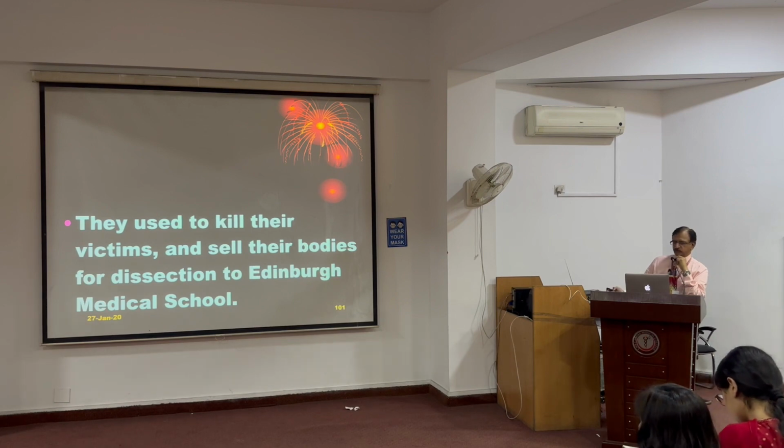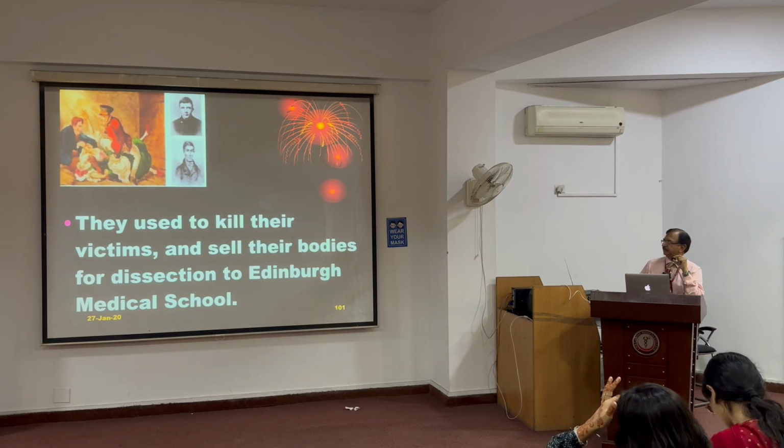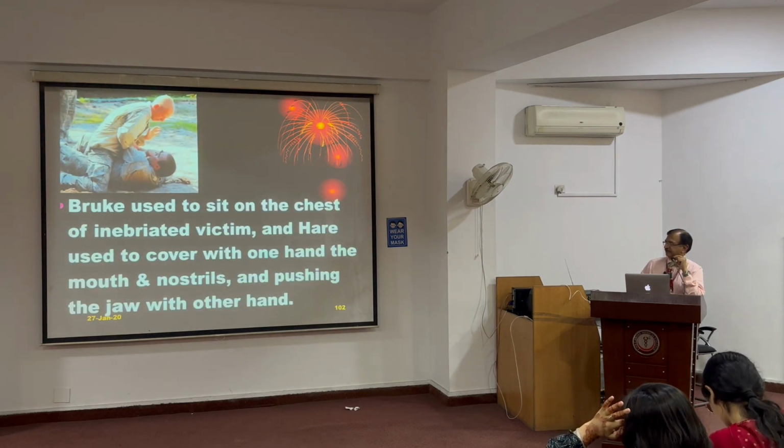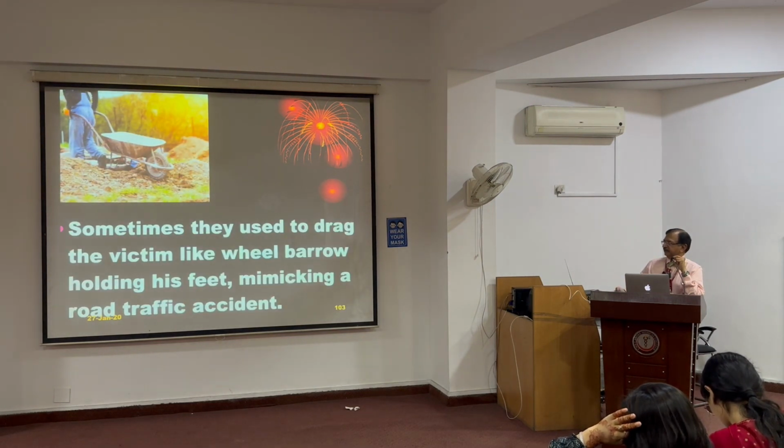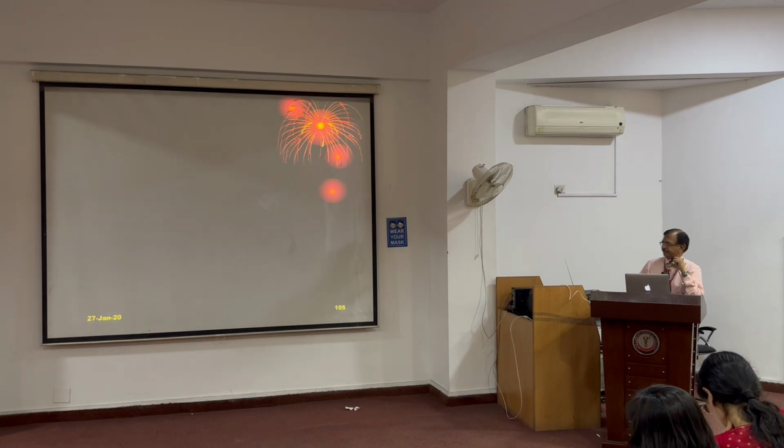So they used to kill the victims and sell their bodies to Edinburgh Medical School, and sometimes they used to drag like a wheelbarrow, just to mimic a road traffic accident. And this is a mixed example of smothering and traumatic asphyxia.